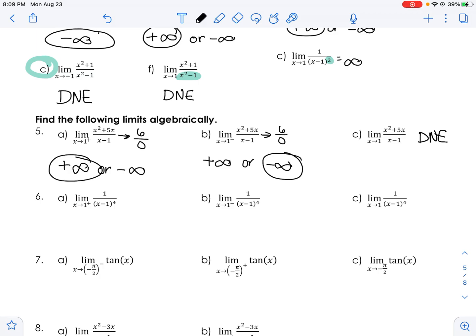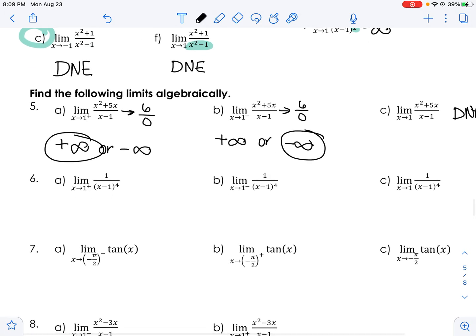Okay, looking at number 6. Okay, the limit as x is approaching 1 from the right side. Okay, if you understood the multiplicity, that might help you and tell you that it should be going in the same direction.